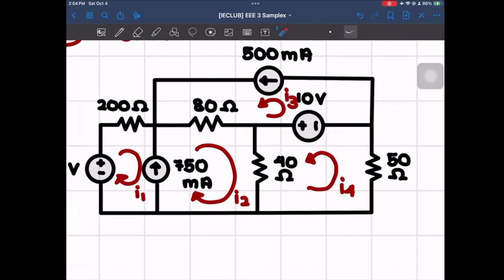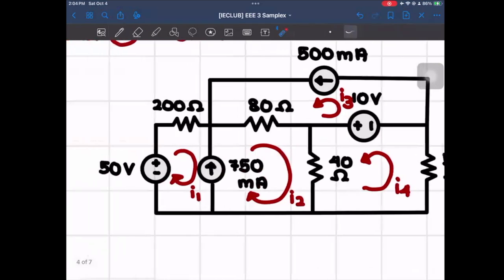We could also note the direction of our super mesh. A super mesh is basically when we have a current source in between two mesh currents, and that's this one over here. For that, we could make it follow the same direction as our I1 and I2, since that current source is in between I1 and I2. So our super mesh will also go clockwise.